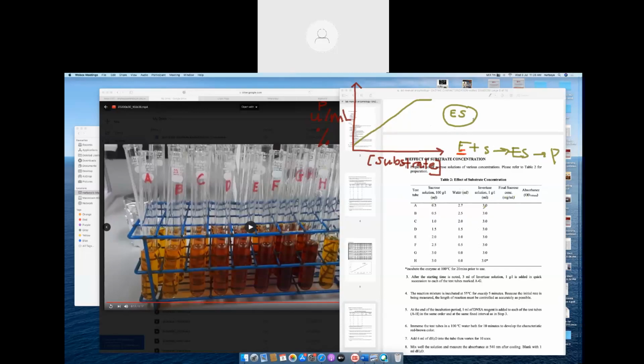For this case, we have used 3 mL of the invertase. I think this will be similar to before. We have used 1 gram, right? Is it 1 gram from the previous one? Let me check.